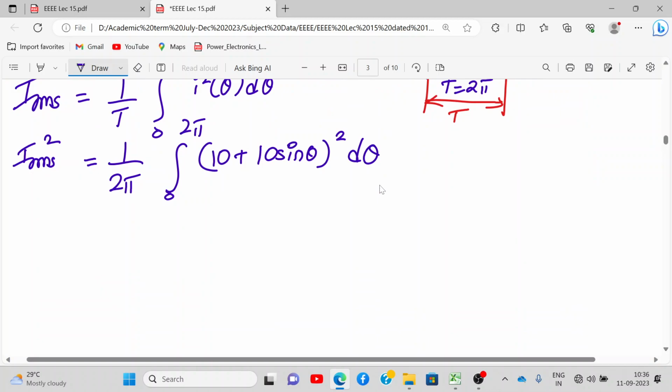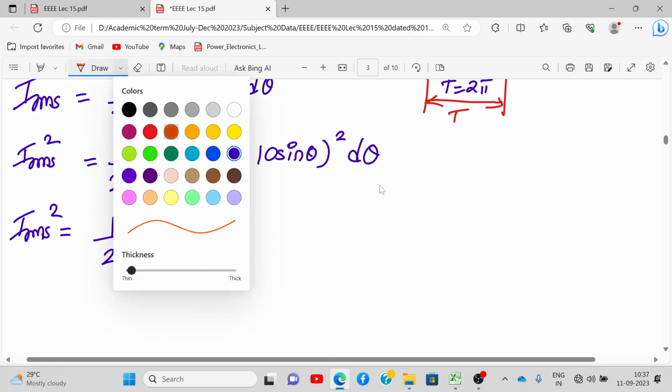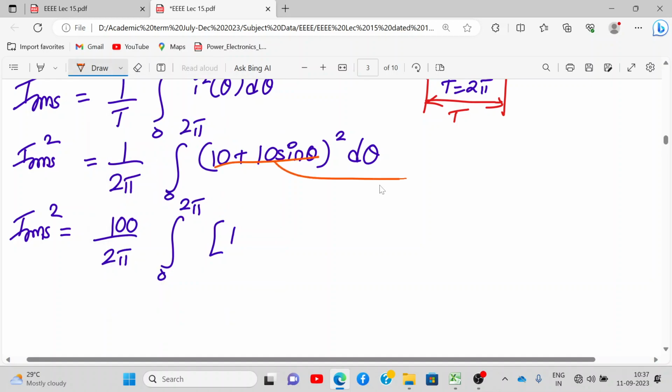Are you following? Now use the (a plus b) square formula and then integral. So please start solving. So this will be 1 upon 2 pi, integral 0 to 2 pi. This is (a plus b) square. So this 10 I am taking outside, so this becomes 100, right? So it is nothing but 1 plus sine theta. See, I am taking 10 out, so this becomes (1 plus sine theta) the whole square.